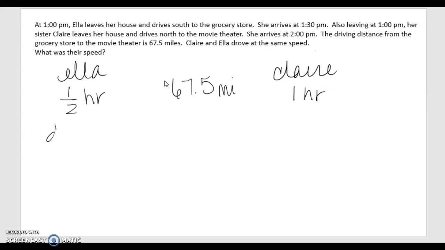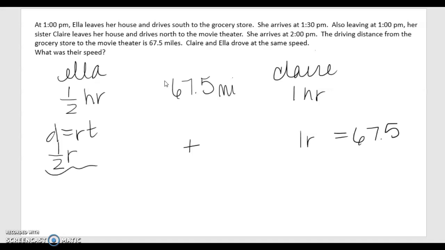Now we know that distance equals rate times time. So Ella's rate is getting multiplied by half an hour. Claire's rate is getting multiplied by 1 hour. And together, they are traveling a distance of 67.5.